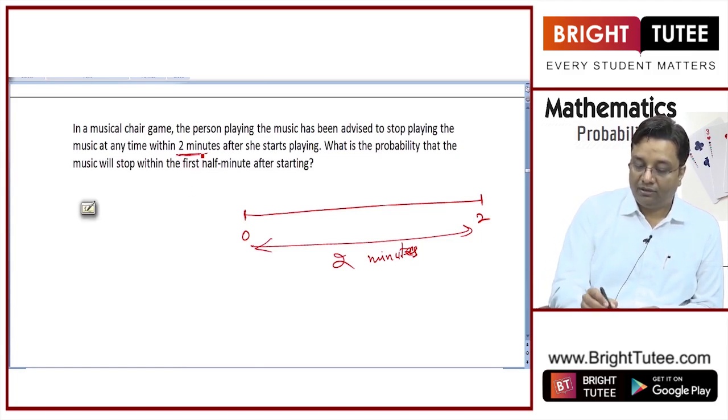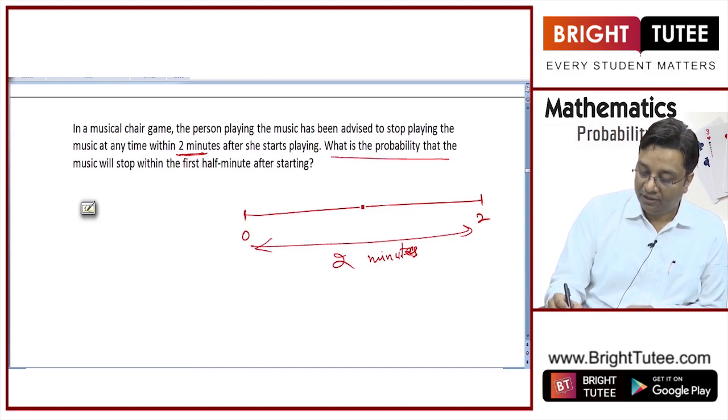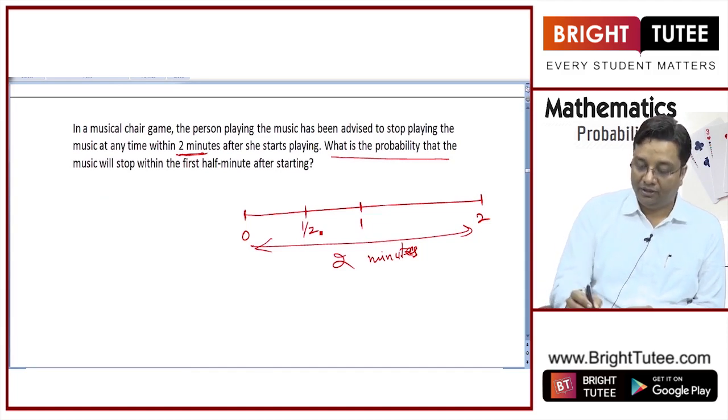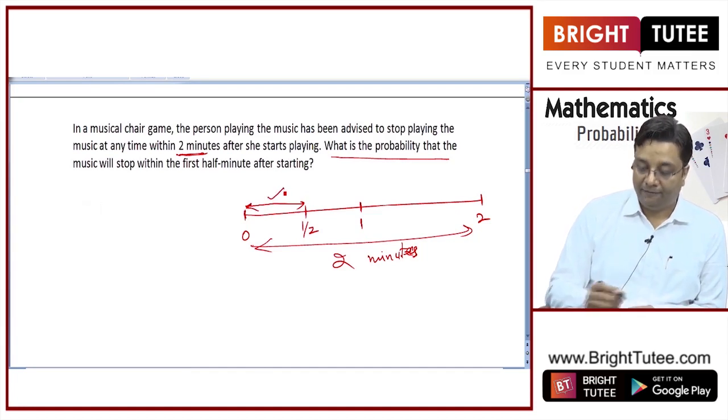So total time is 2 minutes, and what is the probability that the music will stop within first half minute after starting? So let us say this is 1 minute and this is half a minute. And we need to calculate the probability that the music stops in this period, right?